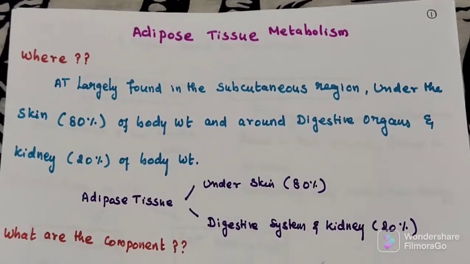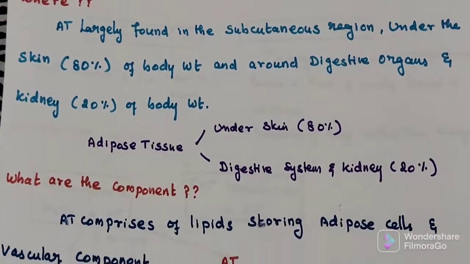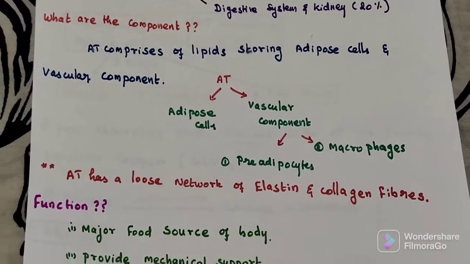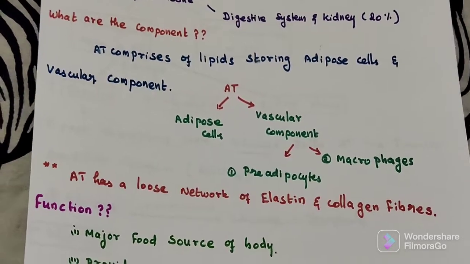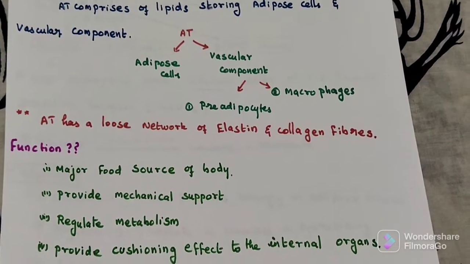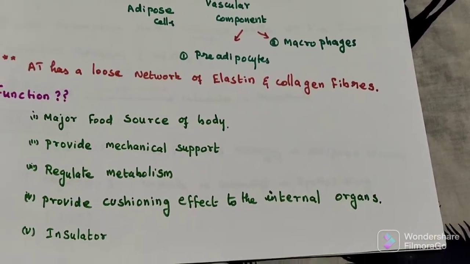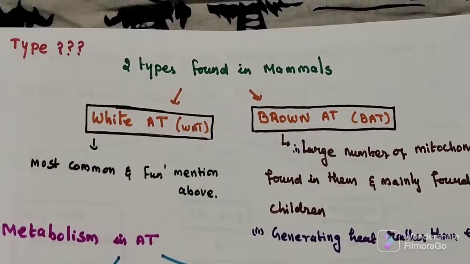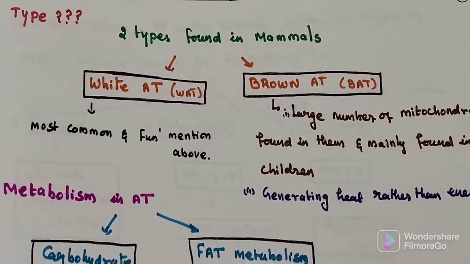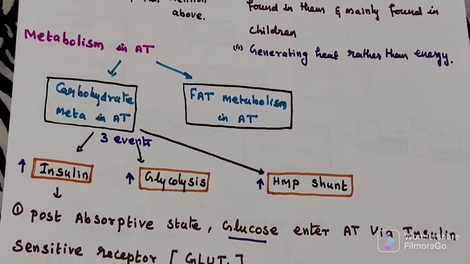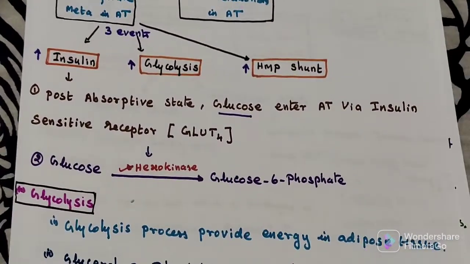Adipose tissue metabolism: it is present under the skin and around the digestive system and kidney. Then what are the components? Adipose cell and vascular component. It includes free adipocytes and macrophages. Then function. Then types: white adipose tissue and brown adipose tissue. Metabolism of adipose tissue: first one is carbohydrate metabolism.